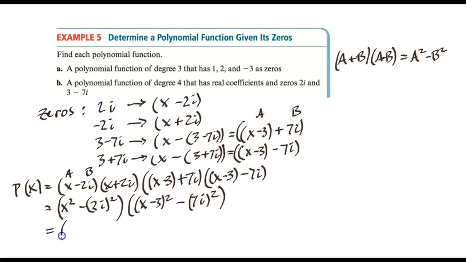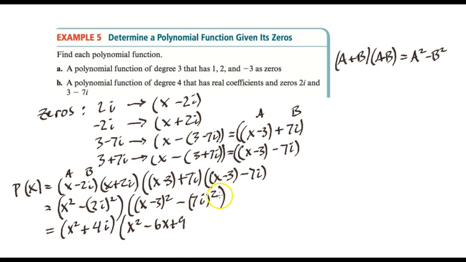Okay, so this results in x squared, and then 2i squared is 4i squared, which will result in plus 4, because i squared is negative 1. Sorry, there shouldn't be an i there. It should just be plus 4. And then we have x minus 3 squared. You can work this out, but you'll notice that this is x squared minus 6x plus 9.